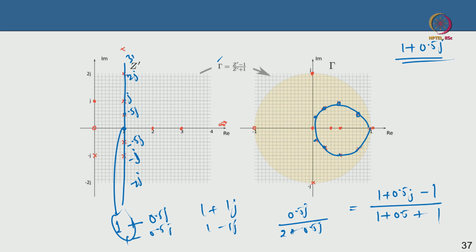Now you have to multiply numerator and denominator by the conjugate of the denominator, so you convert it into a real part and an imaginary part. Then again you can use 1 plus 1.5j, and do this again. If you do that math, trust me, you are going to get this circle. So the straight line in the rectangular Cartesian coordinates, with a fixed real part and a varying imaginary part, is actually mapping to this circle here. It is passing through the 1 point.